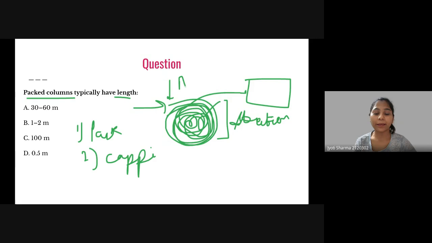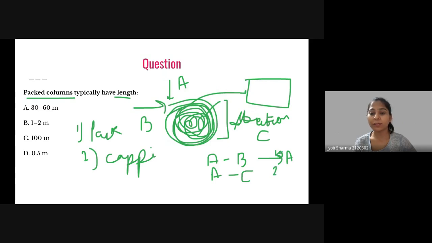Let's say this is chemical A, the carrier gas is B, and the stationary phase is C. How A interacts with B and how A interacts with C, based on that interaction, decides whether A will reach the detector within 15 minutes, or 20 minutes, or 30 minutes. So that's how we need to know about this packed column. It's very important to know the characteristics of this stationary phase. So what do you think? What should be the length of this packed column?